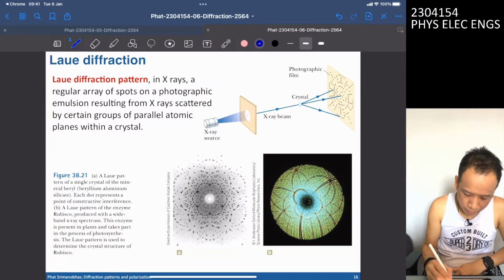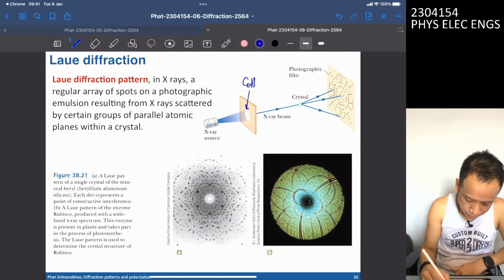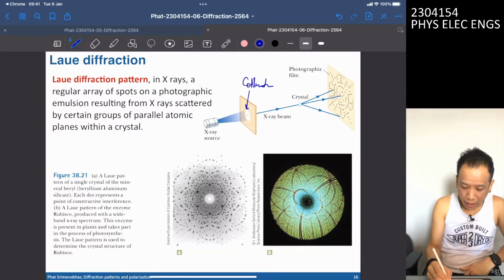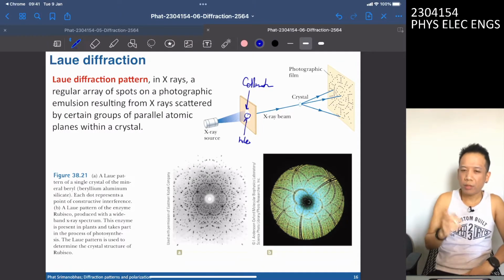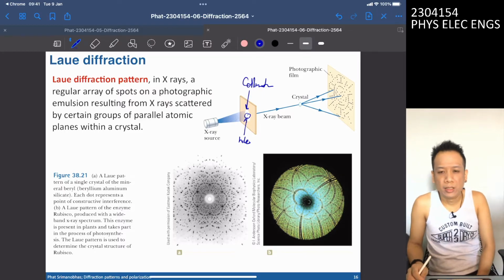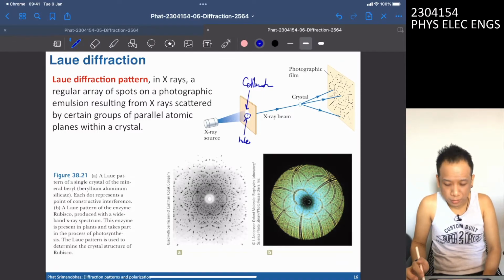When you shine that, you have what we call collimators, to collect only the rays that can pass through the hole. You have a small hole here, which is how you select the direction of the rays.